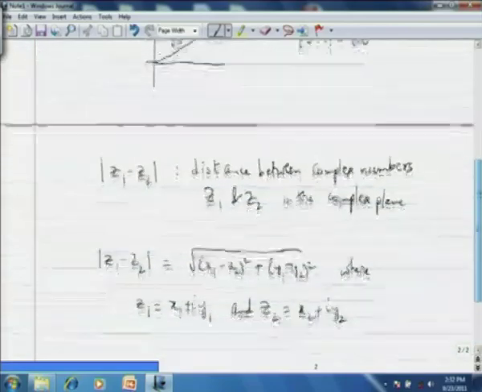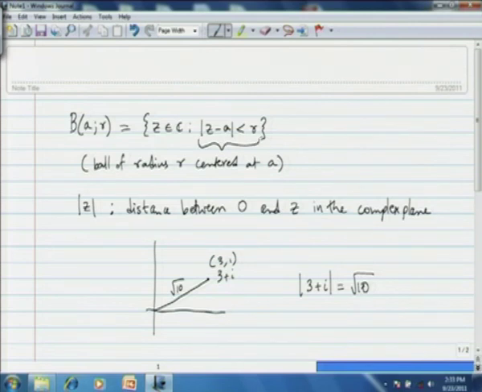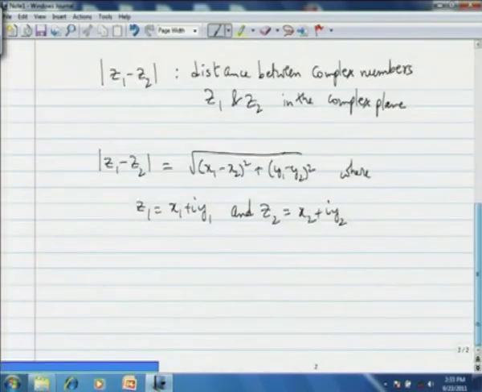So, in this set that I was talking about, B(A, r) is basically the set of all complex numbers which are less than r away from the point A. This condition, modulus of z minus a is strictly less than r, indicates that the complex number z is within a distance r of the complex number A. Hence, pictorially B(A, r) looks like the following.